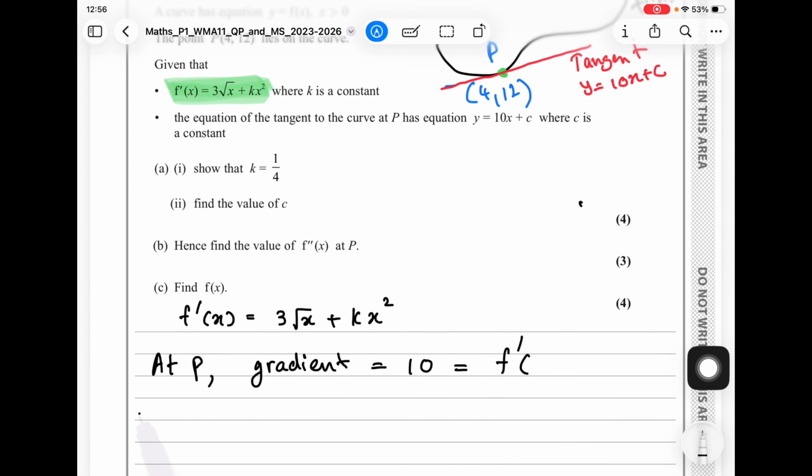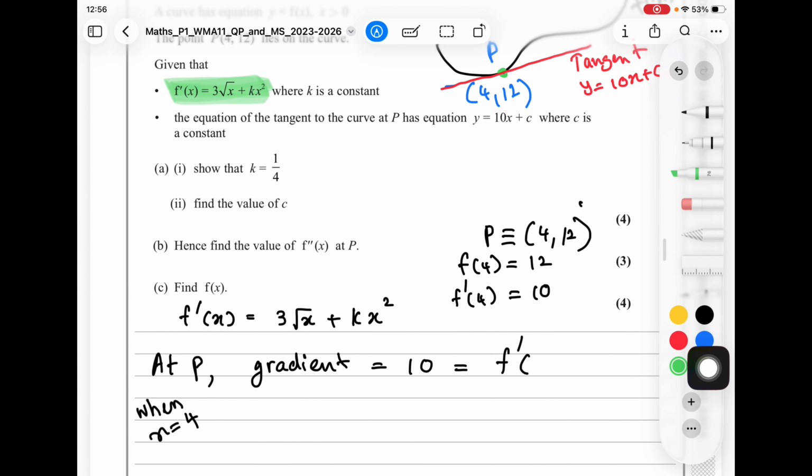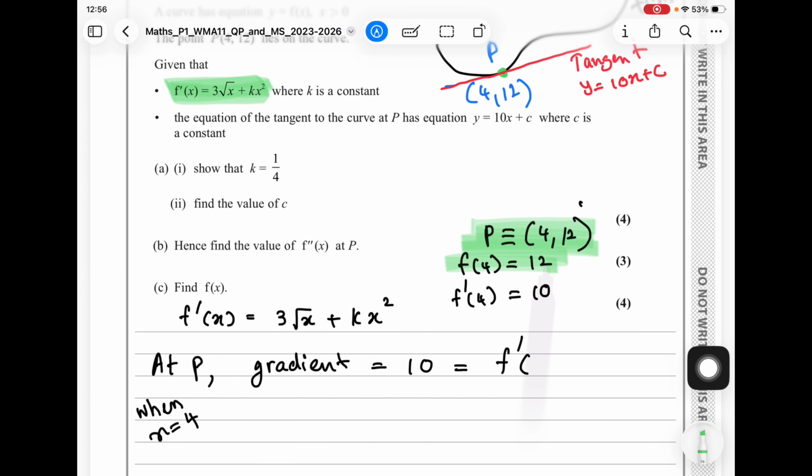P is when x equals 4, because the P coordinate was (4, 12). So f(4) is 12, but f'(4) would be 10. This is the theory that you have to remember: what is f' and what is f(x).